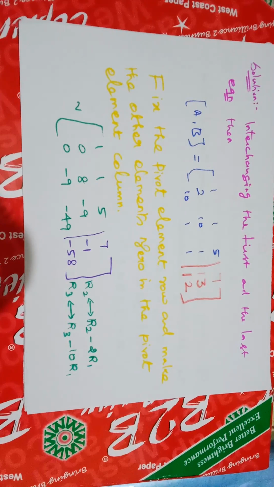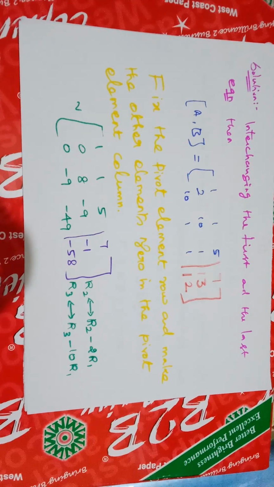Now the very first equation: 1 1 5 with the corresponding right hand side 7, and the second: 2 10 1 and 13, then 10 1 1 and 12. The blue color shows the system on the left hand side, and the red color indicates the right hand side of each equation. Then the yellow color fixes the pivot element row and makes the other elements in the pivot element's column 0.